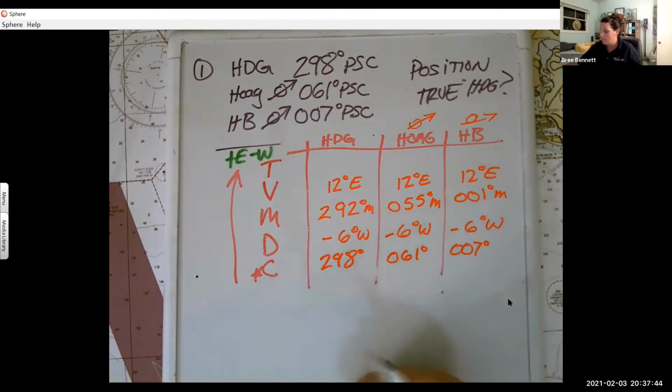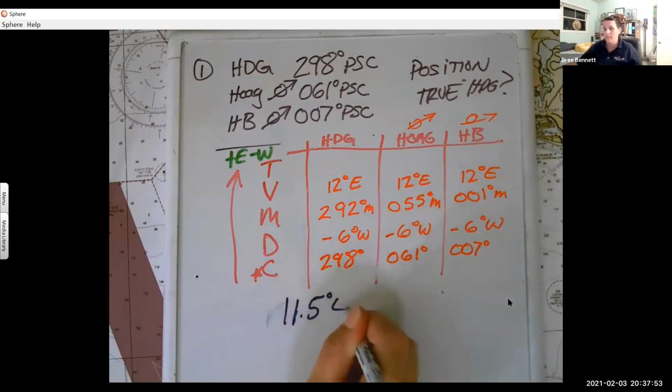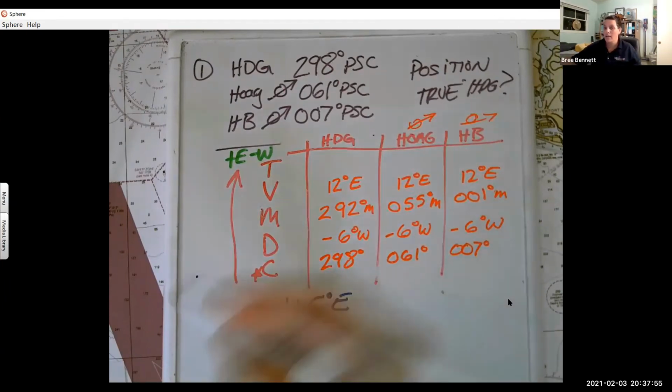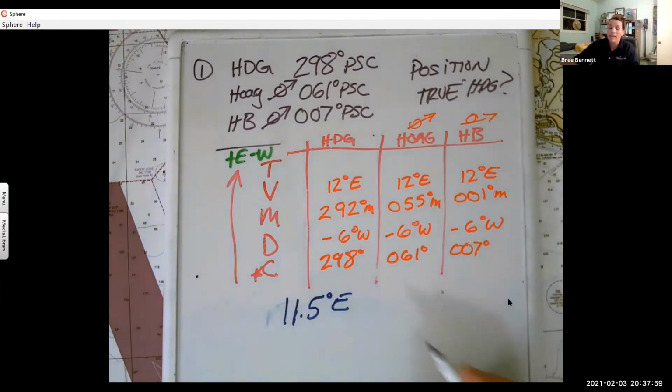But you could say your variation is going to be 11.5 degrees east. You're just going to get a more accurate true and a more accurate other one. So you can do that. It's just going to be simpler for this class to round to the whole degree.